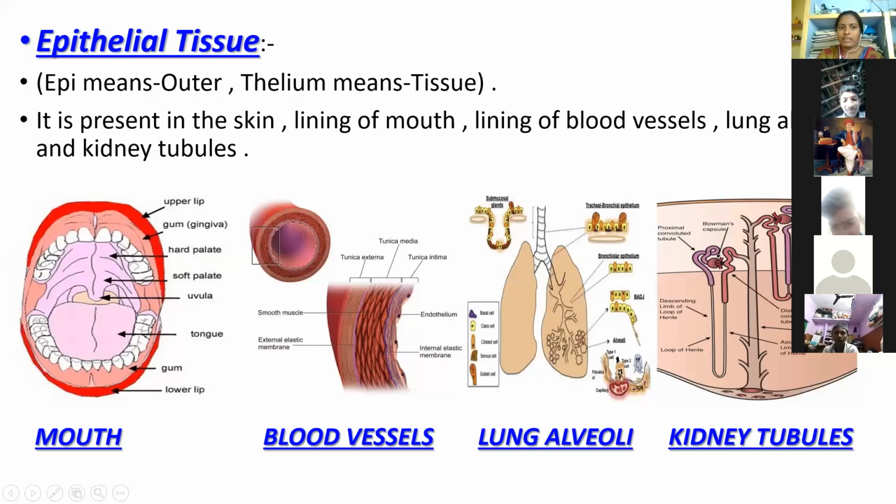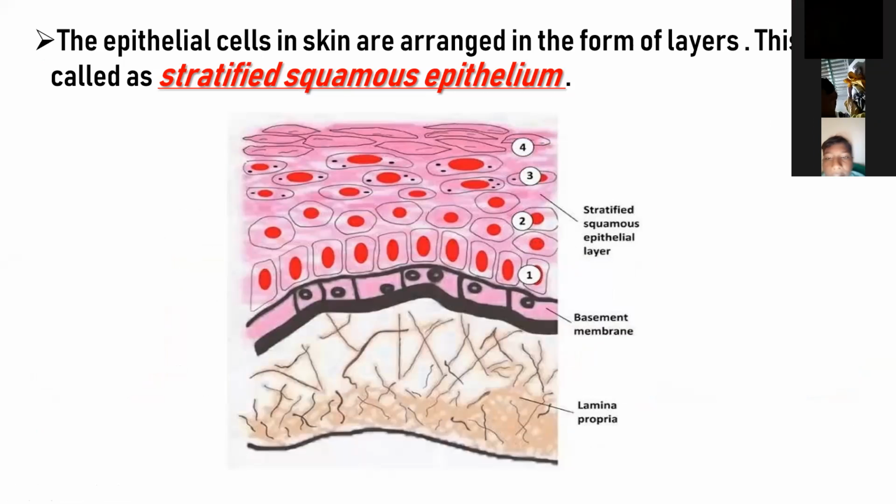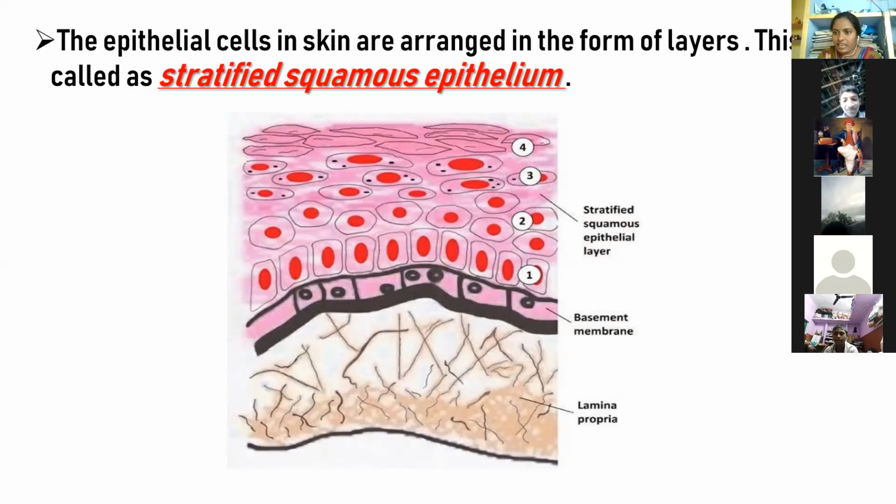Next, the epithelial cells in the skin are arranged in the form of layers.